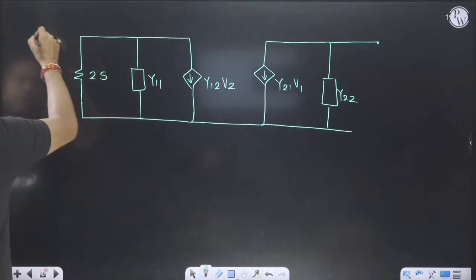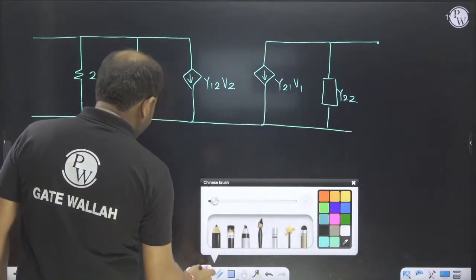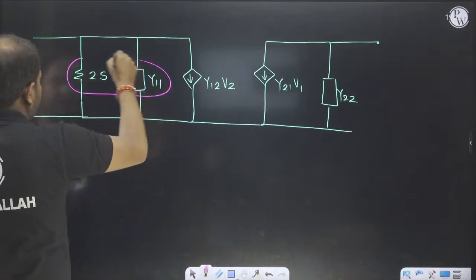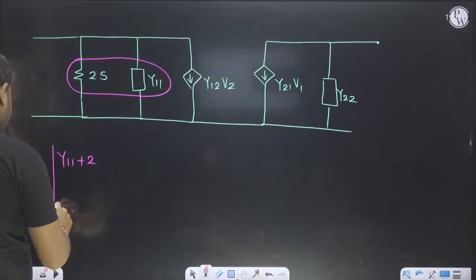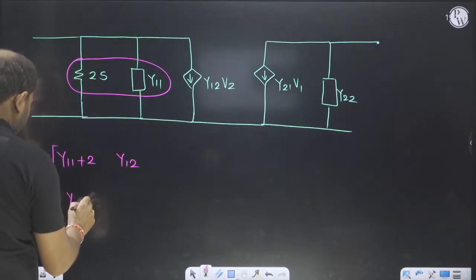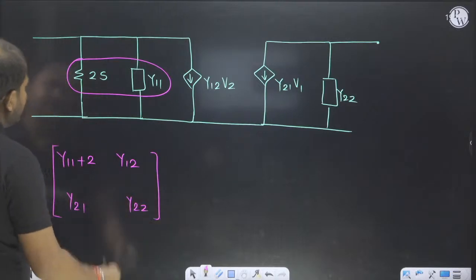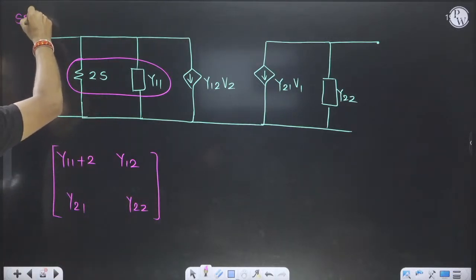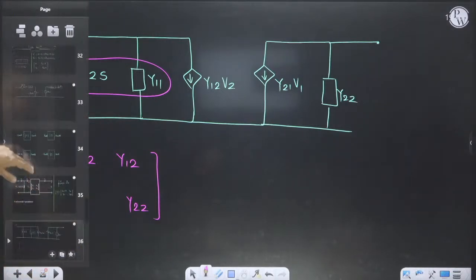Now you can directly think like this. This will be added with this one. So Y11 plus 2, Y12, Y21 and Y22. Through the equivalent model, you can solve it fast. You can solve this question very fast.